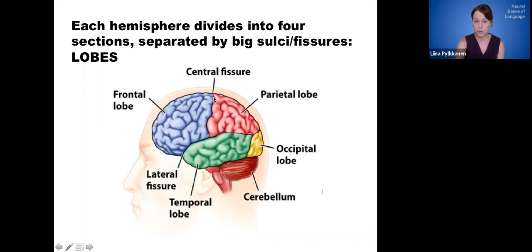And here are some of the major fissures that separate the lobes from each other. For example, the lateral fissure, often called the Sylvian fissure, is a major lobe divider right here. It separates the frontal lobe from the temporal lobe and the parietal lobe, and so forth. We also have this central fissure that separates the frontal lobe from the parietal lobe.